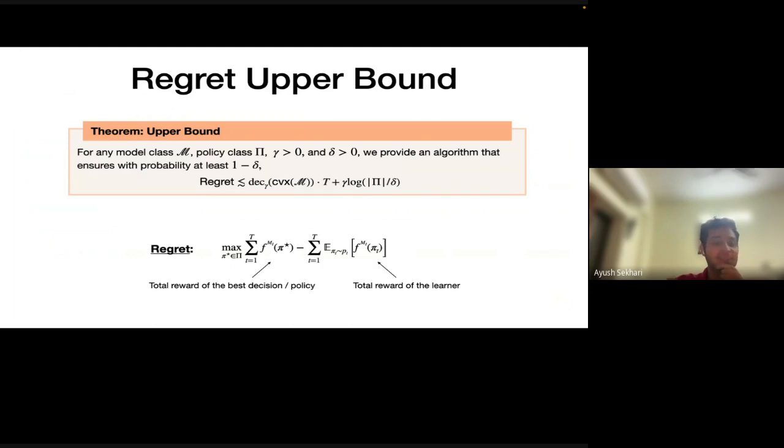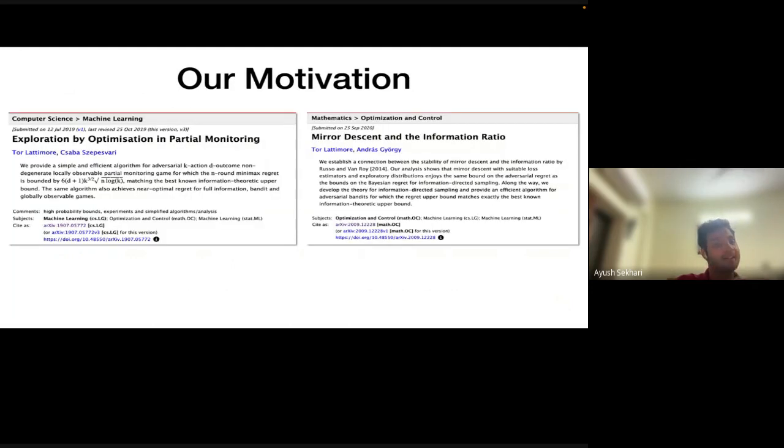Okay, so before I go into the upper bound algorithm, I do have some acknowledgements to make. This algorithm is highly motivated by two very interesting works. There is this work called Exploration by Optimization in Partial Monitoring by Lattimore and Szepesvári, and a follow-up called Mirror Descent and the Information Ratio by Lattimore and György.